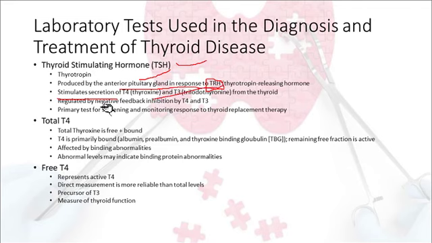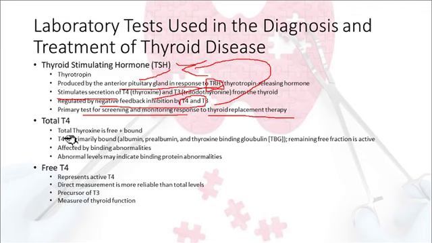It is regulated by a negative feedback loop inhibition by both T3 and T4. In other words, high levels of T3 and T4 will result in reduced levels of thyroid stimulating hormone. Thyroid stimulating hormone is the primary test for screening and monitoring of thyroid replacement therapy.